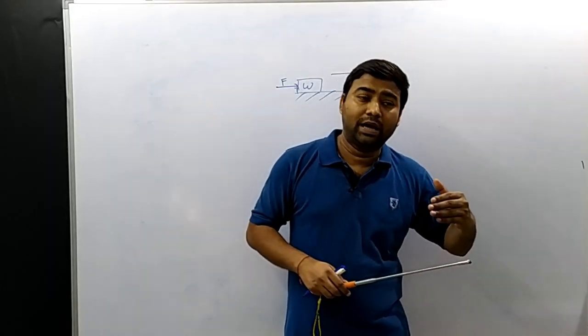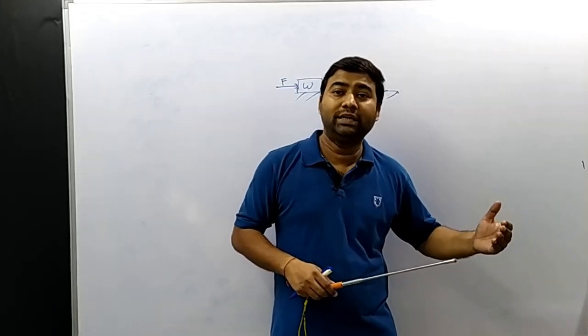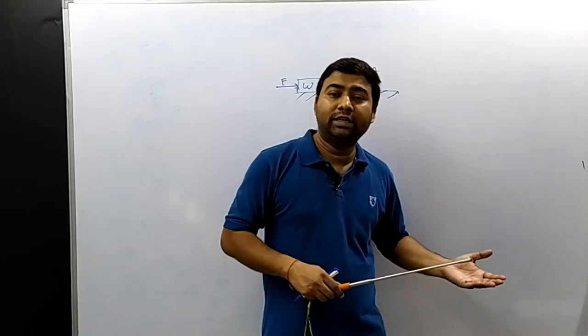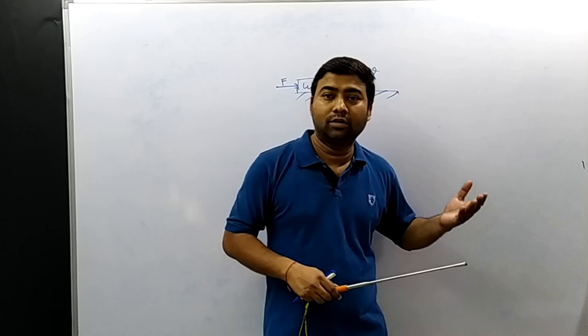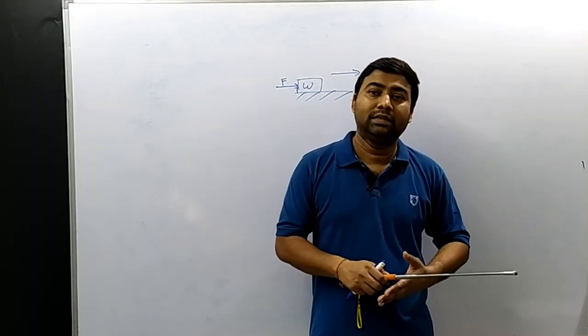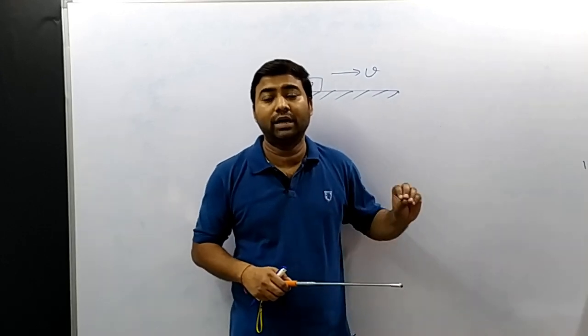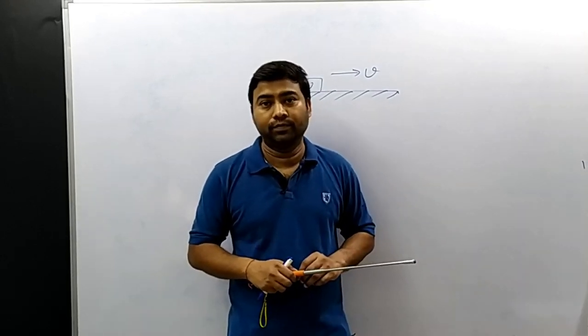So we need not apply continuous force to maintain a constant motion on earth. If there is no friction between two surfaces, then the body will move with constant velocity. That was said by Galileo.